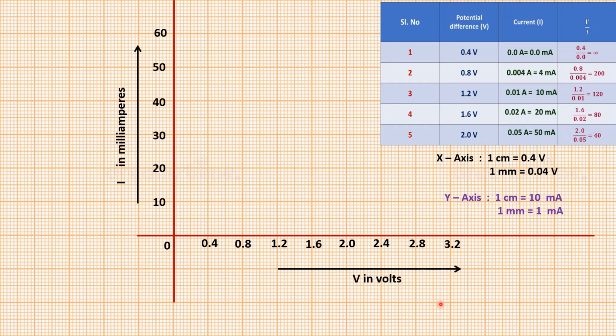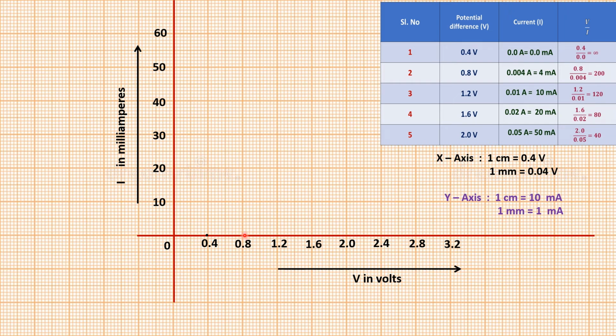Okay, so for 0.4 volts, how much current is flowing through the LED? It is 0 only. Here one point I have shown. Next, for 0.8 volts, the current passing through the LED is 4 milliamperes.